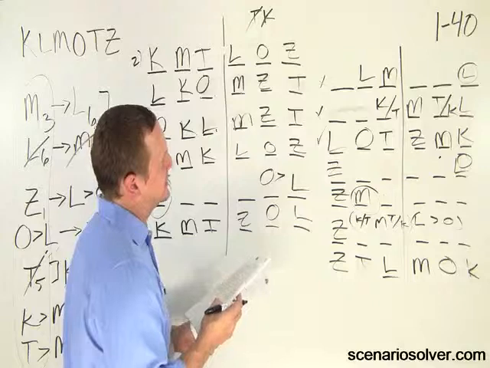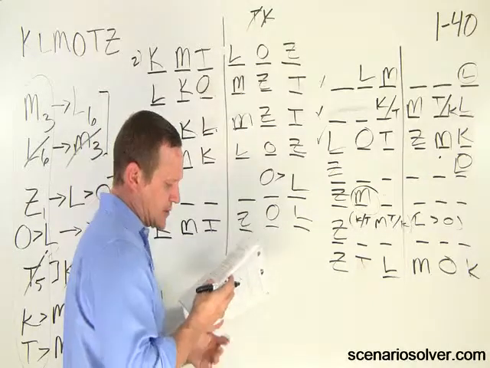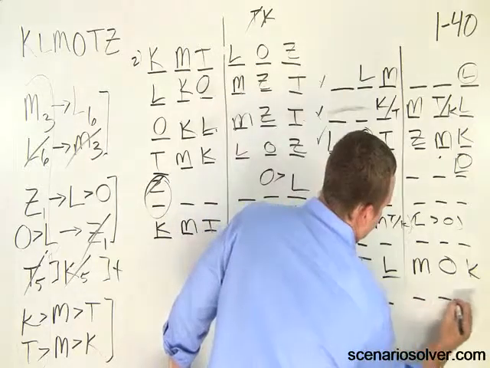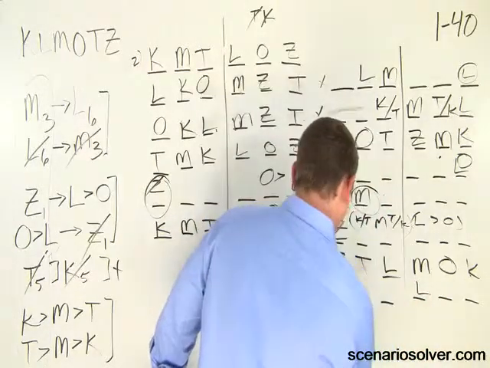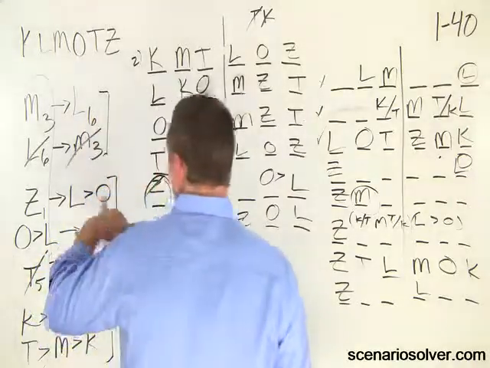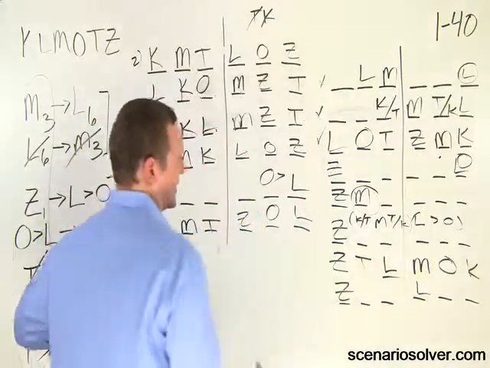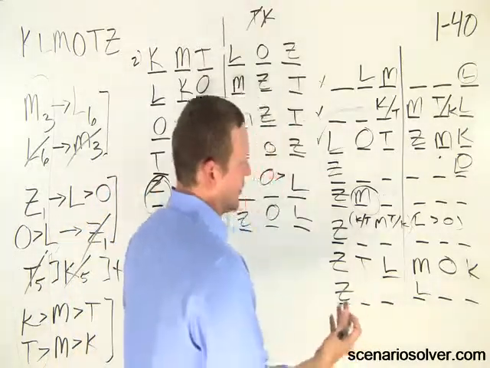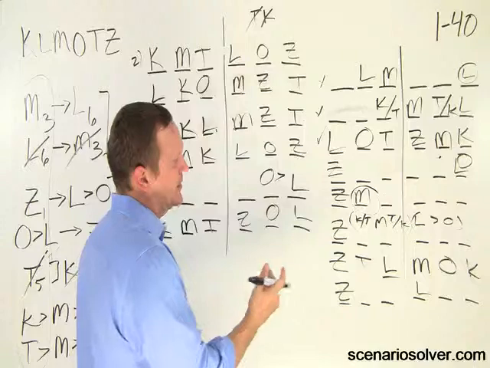If we look at D, the lentils are added fourth. Let's see if we can make that work. I have L fourth and Z first. If Z is first, I need to have an L before an O, and then I need a KMT. The question becomes, where can I put M?